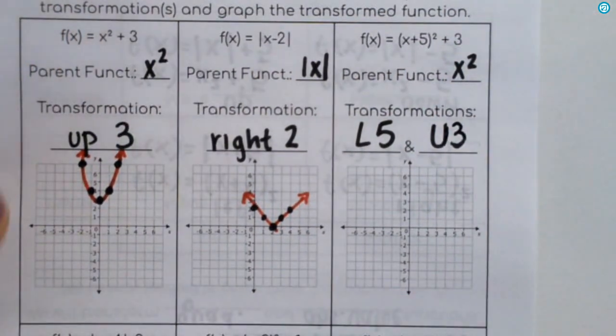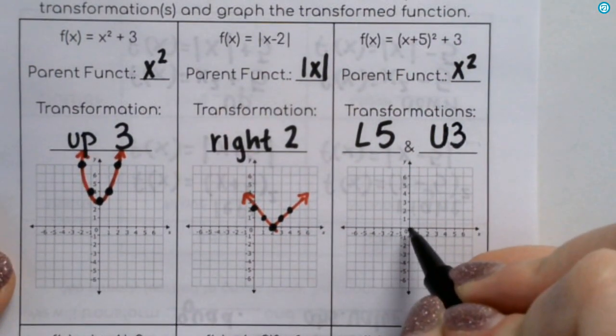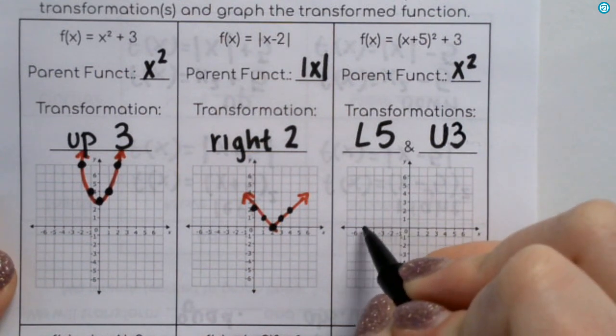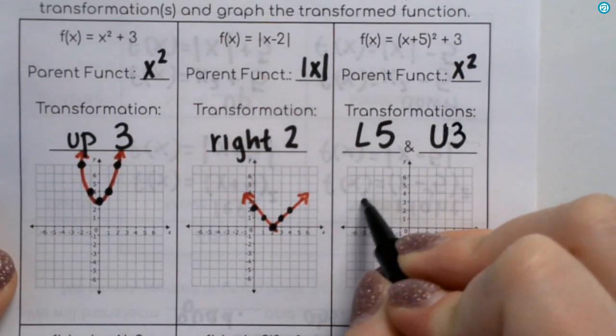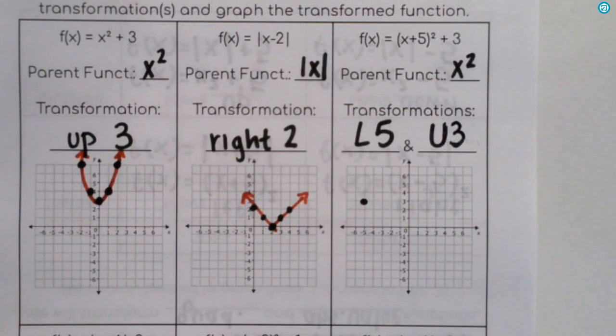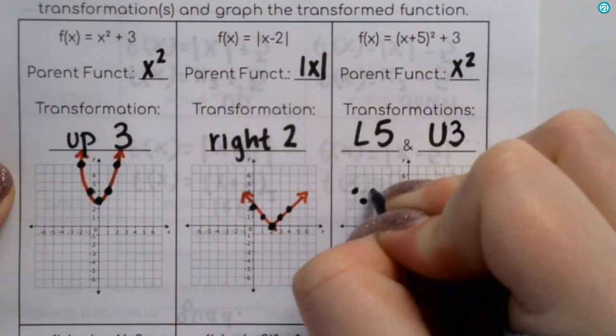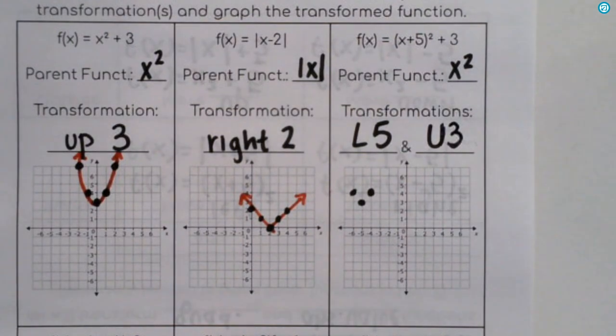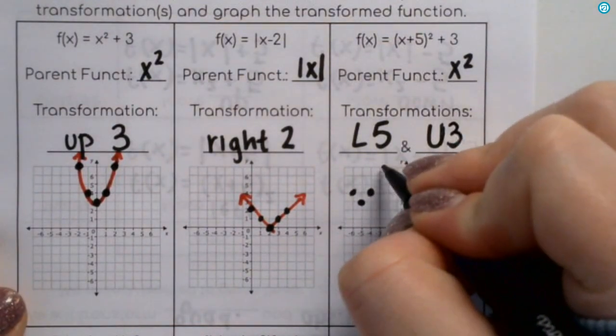So what that's going to look like is we're going to take our pencil, start it at 0, 0. You move left 5 and up 3, put a dot there. Only put one starting point. Don't put the one that's left, just left 5. And then from there, we do our U-shaped graph. So our U-shaped graph, we go up 1, out 1. And then from each of those, we go up 3, out 1.